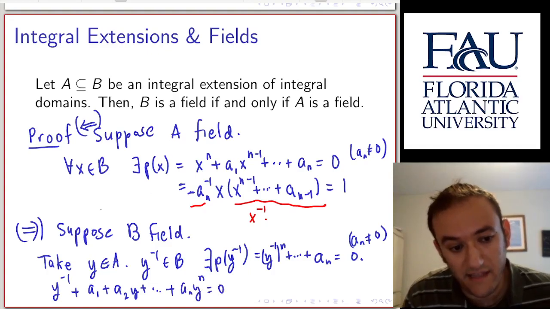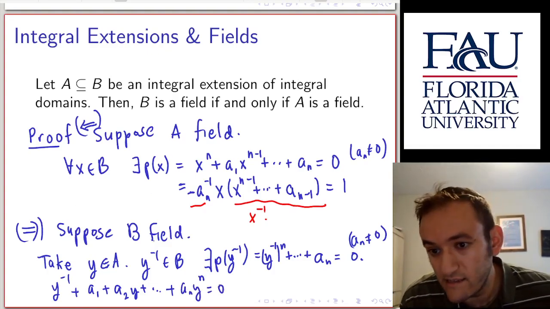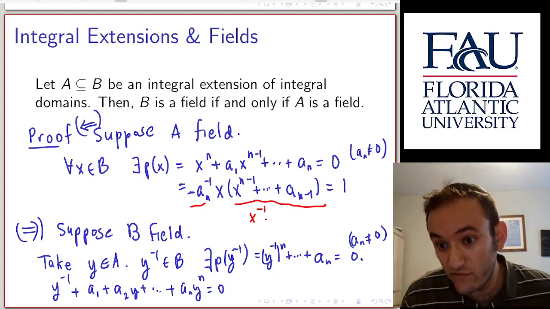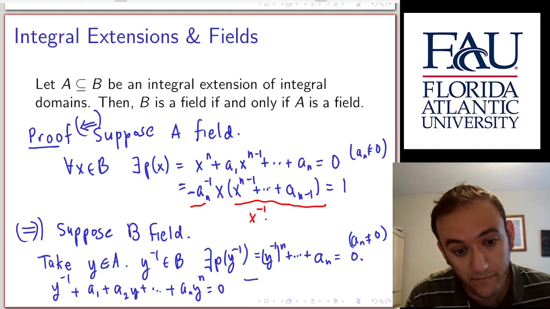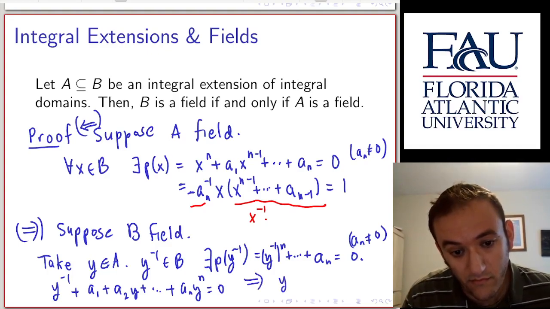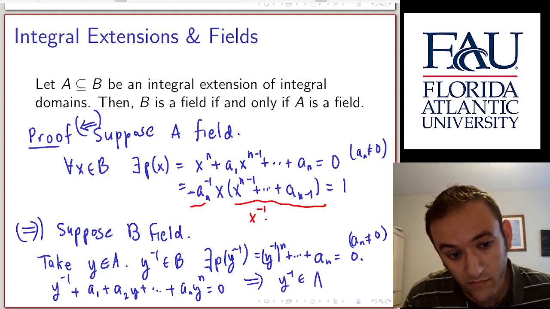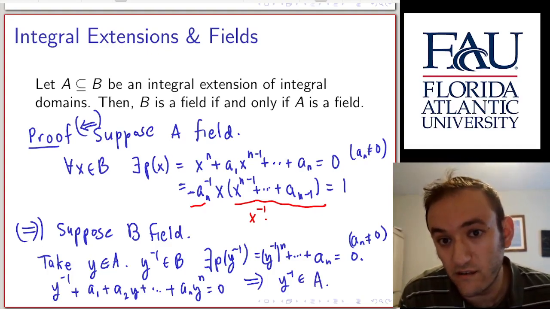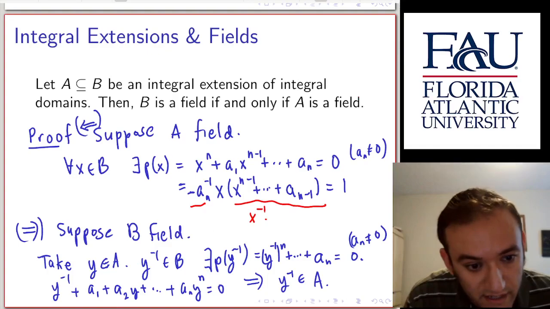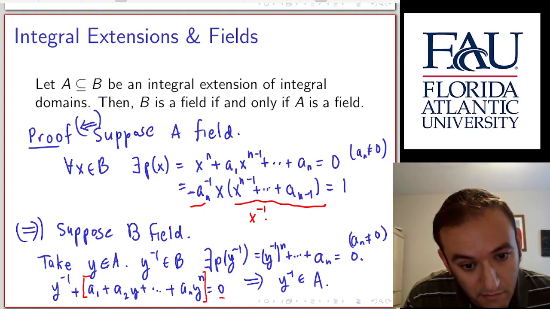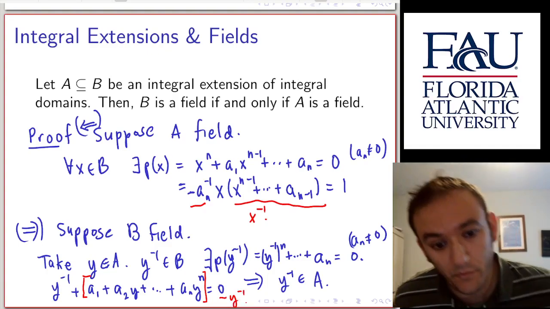But then that means that y inverse can be written as a polynomial in terms of elements of A, which means that y inverse is in A. Okay, and that tells me that A is also a field. Let me just signify. So this expression is minus y inverse. Okay.